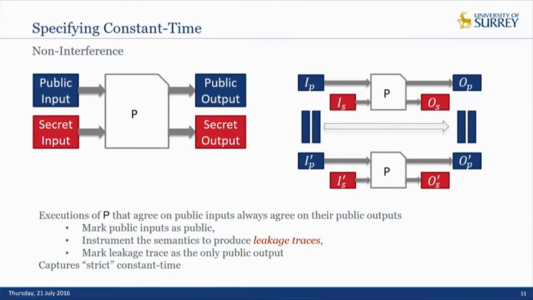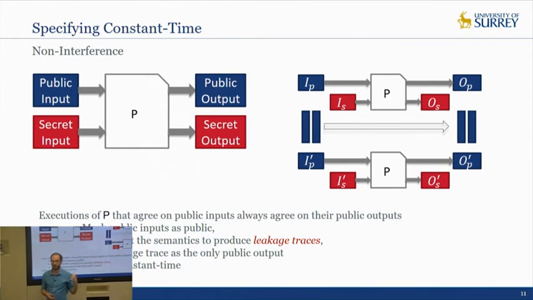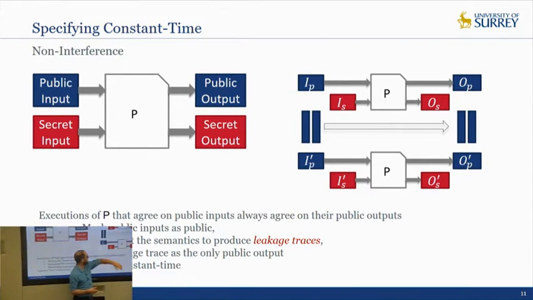So this is the model. You have a program P, and you partition its inputs and outputs into public and secret subsets. And then you say P is non-interfering if any pair of executions that agree on the public part of their inputs also agree on the public part of their outputs. So this is P is non-interfering.